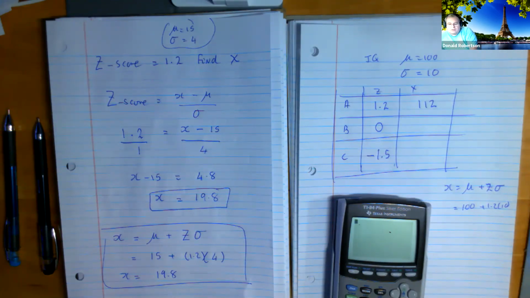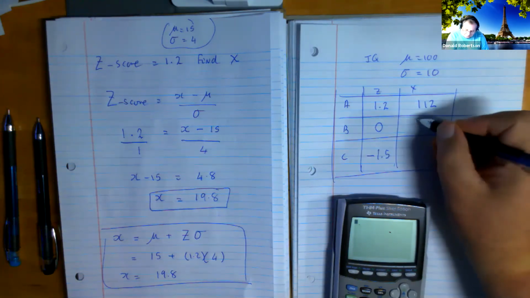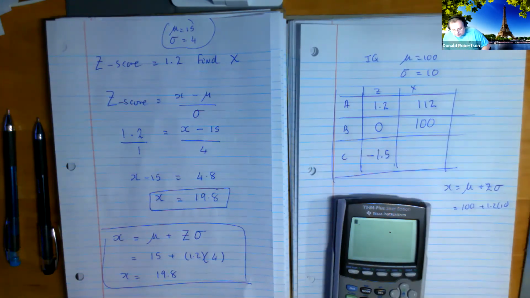I don't need to do a calculation for person B. I know what their score was because their Z-score is 0, right? So what did they get without even going near a calculator? 100. Yeah. If your Z-score is 0, your score is the same number as the mean.